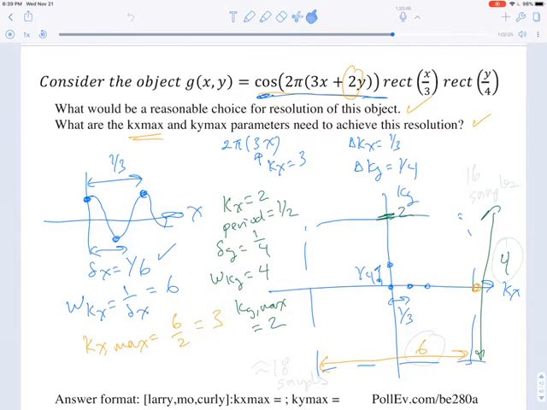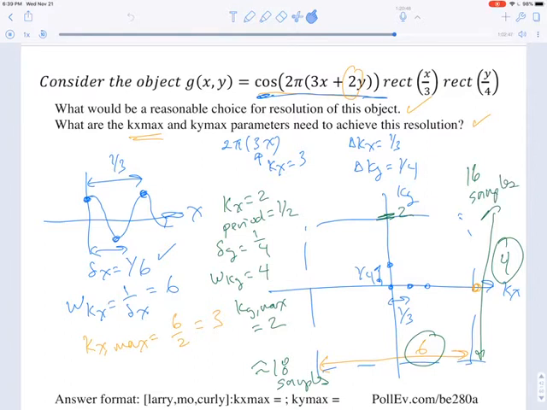Oh, okay. So what the question is, in this direction, the width is 6, right? So since the sampling is 1/3, I'm going to have about 18 samples, right? And then here, in the y direction, the width is 4, so 4 divided by 1/4 is 16 samples in that way. Okay?